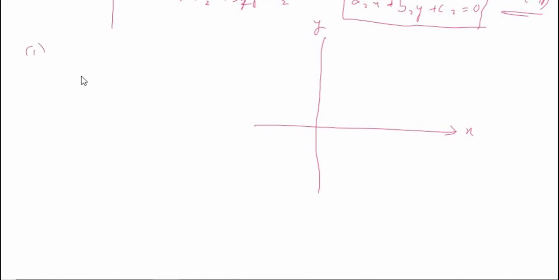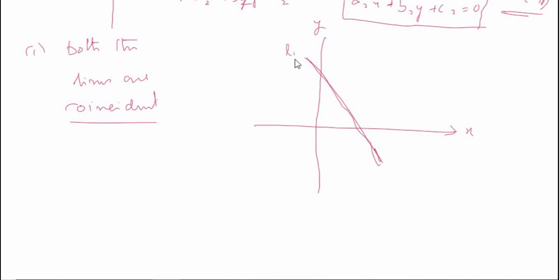In this case, what happens is both the lines are coincident. This is one line. The other line is also on this only. Sorry, I could not draw it properly.